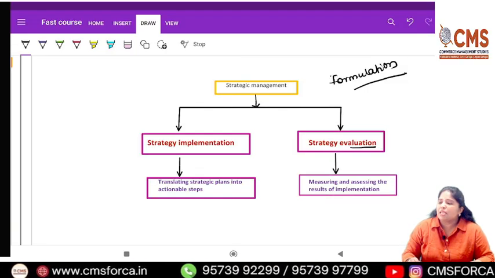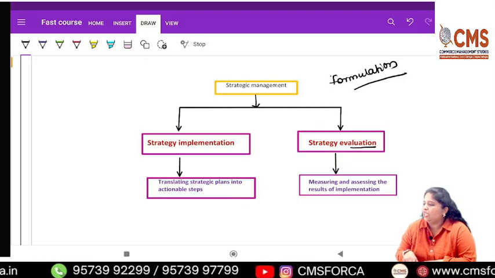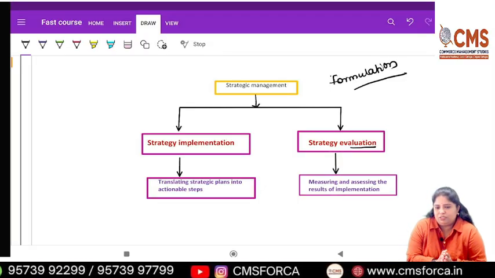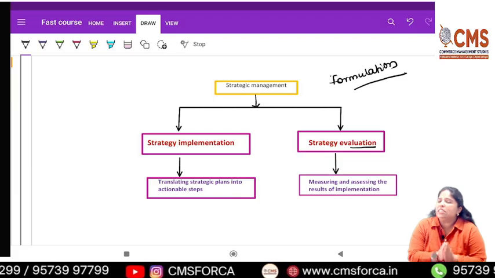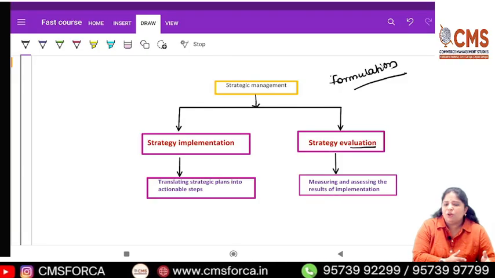So now, what is implementation? Implementation is a simple process of converting your strategy into action.